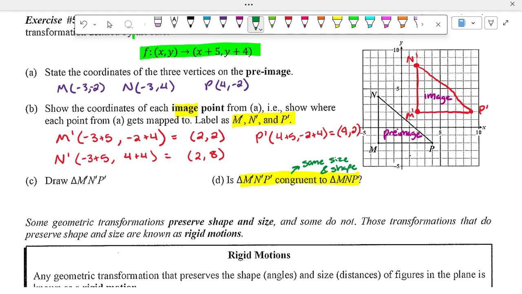What do you think? Yes, no, maybe. So thumbs up if you think yes, thumbs down if you think no. 1, 2, 3, go. So if you have your thumbs up, you are correct. They are congruent. So yes, they are congruent because they're the same size and shape.